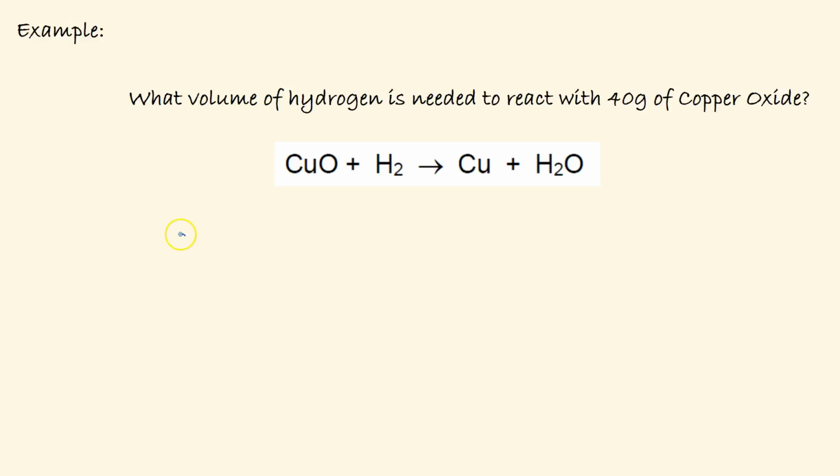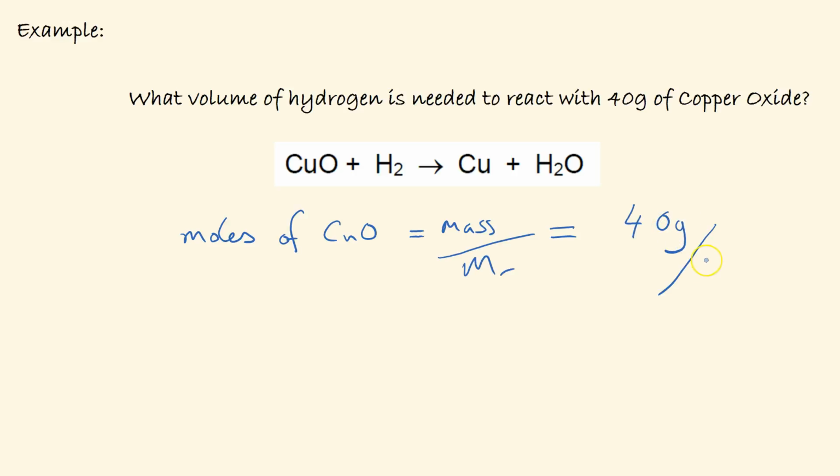The second step is now to calculate the moles of copper oxide, which, if you can remember from our previous lessons, is equal to the mass divided by the Mr. So in this question, we've got 40 grams divided by the Mr of copper oxide, which is 63.5 plus 16, which comes out at 79.5.